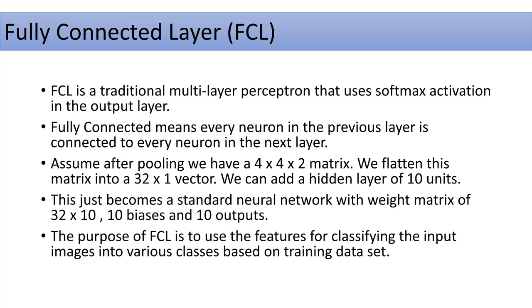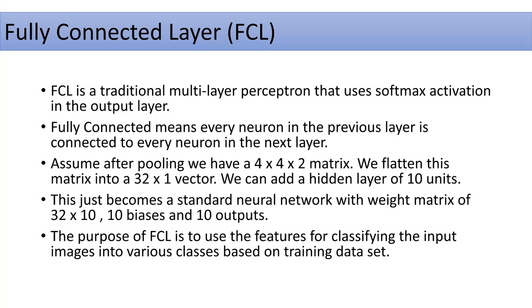So far we have seen how convolution, ReLU and pooling work. It is important to understand that these layers are the basic building blocks of any CNN. The output of the pooling layer acts as an input to the fully connected layer. A fully connected layer is a traditional multi-layer perceptron that uses a softmax activation function at the output layer.